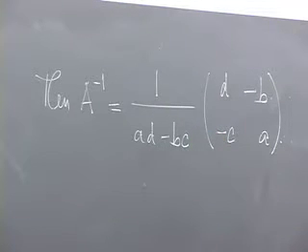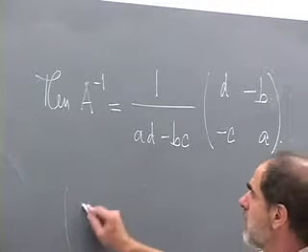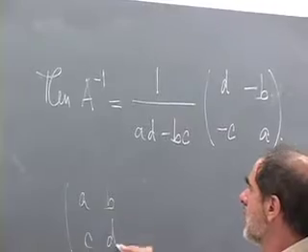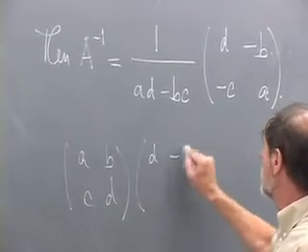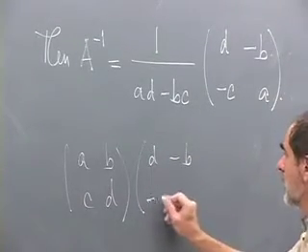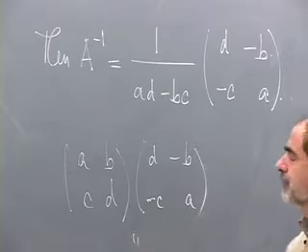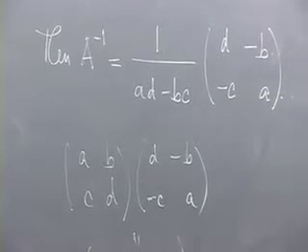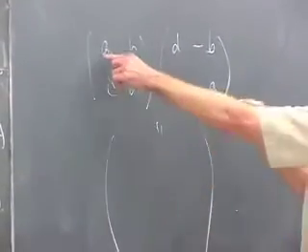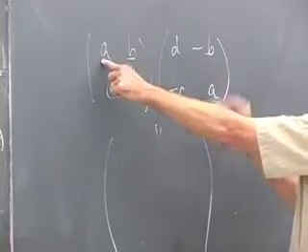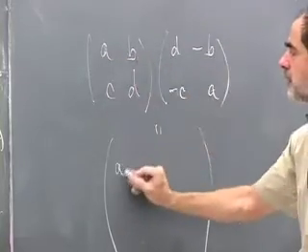So we can check that. We ought to do at least one matrix multiplication in class. So let's multiply the matrix A, B, C, D by the matrix D, minus B, minus C and A. The entry here, I go across this row and down this column, I get AD minus BC.